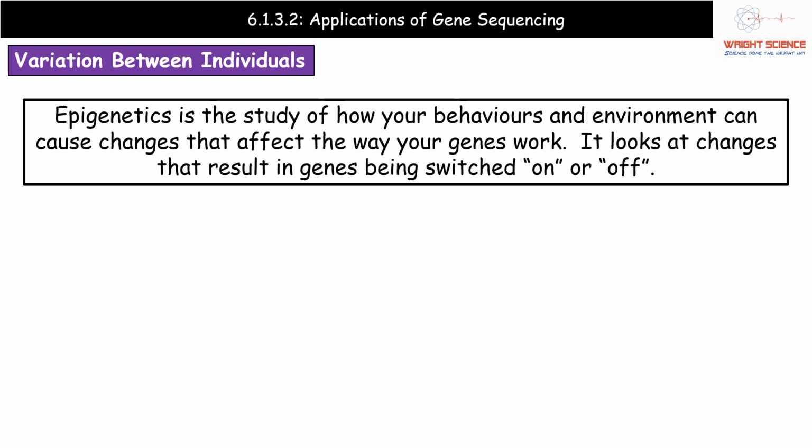And a lot of this has come out of the identical twin studies they do up at St Thomas's Hospital in London, where obviously identical twins are born with identical genomes, but due to the different things that they experience throughout their lives, the different environments they find themselves in, maybe the different things that they eat or put into their bodies, etc., then they're able to identify the changes that have occurred to the genes that are switched on and switched off, just as a result of the things that you encounter in your everyday life.